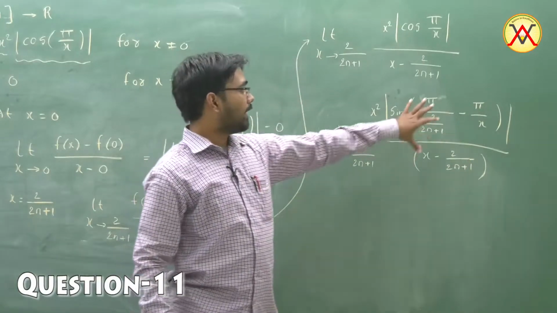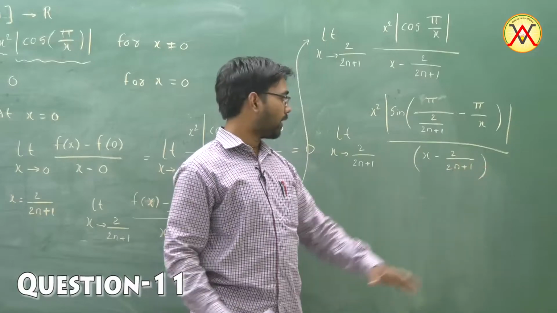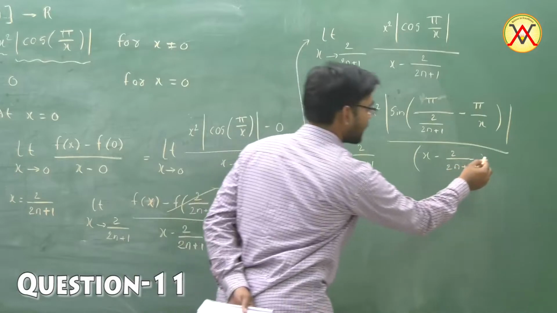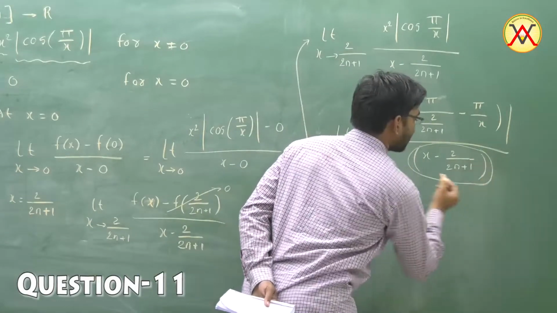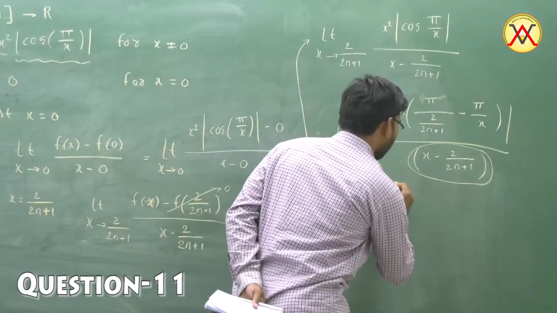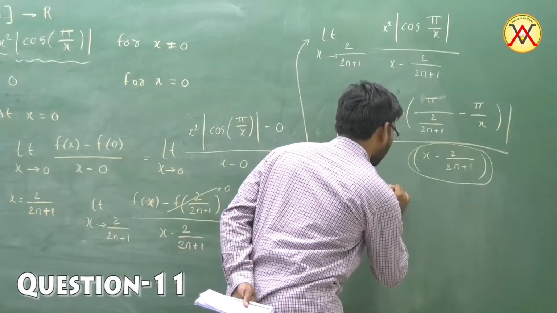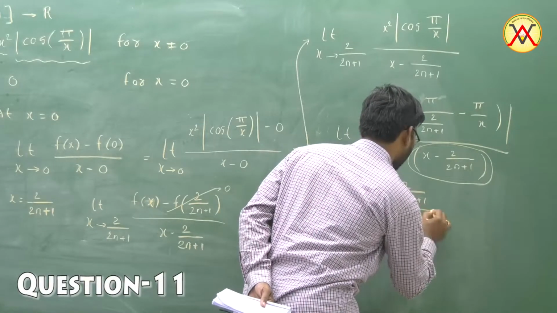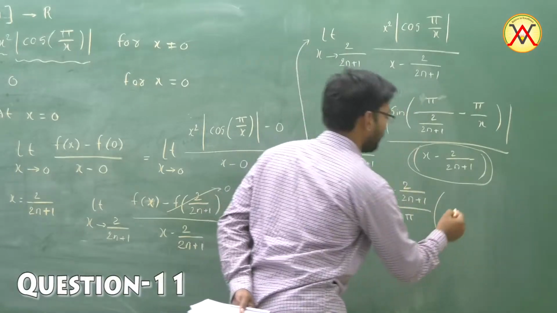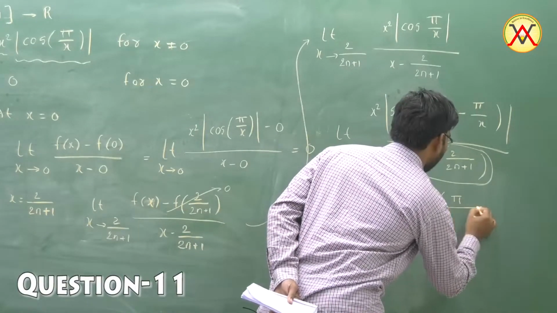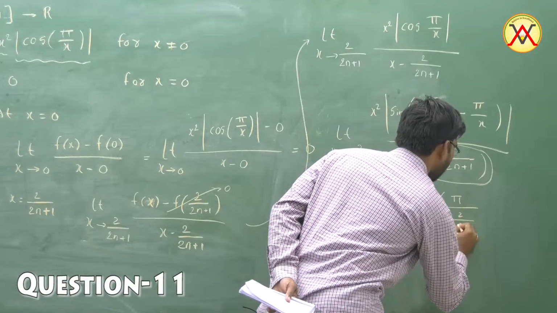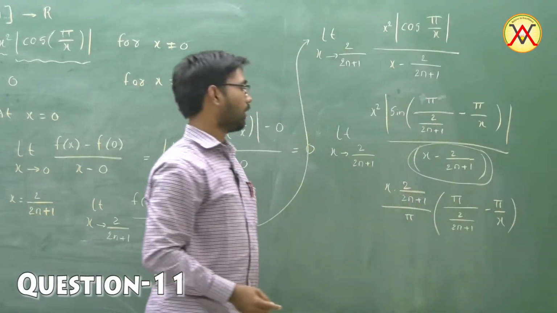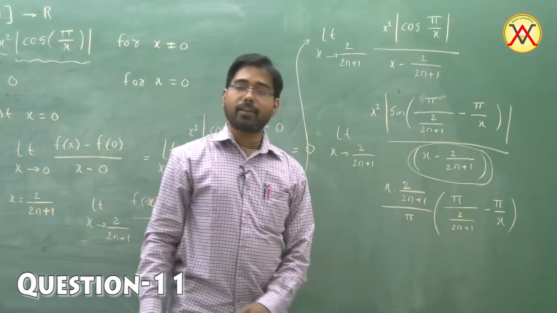And we can clearly see the limit of this does not exist. Here this is in the form of, let us say, h. If we try to convert this, we'll just write it slightly like this: 1 by pi, so x into 2 by 2n plus 1 divided by pi into pi divided by 2 by 2n plus 1 minus pi by x. I am just slightly modifying the denominator.